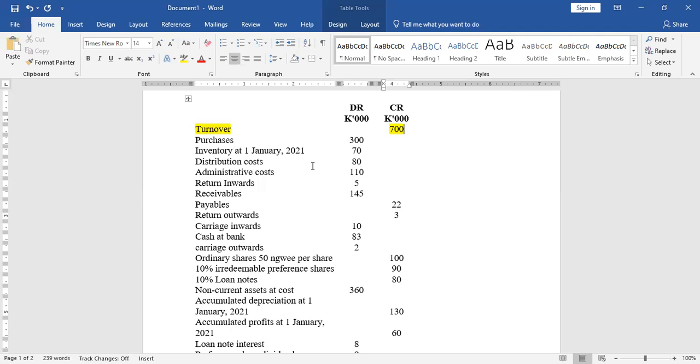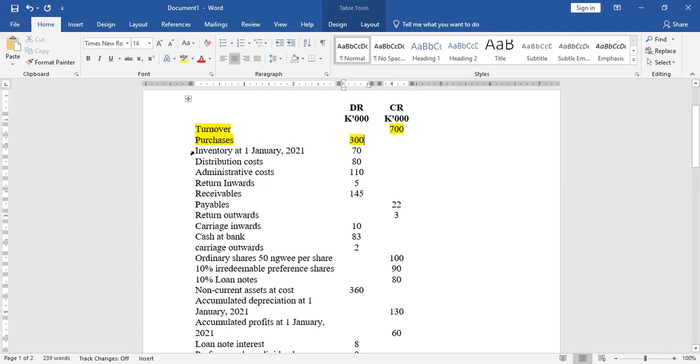Next is purchases. Purchases is a special expense, the expense for buying goods for resale, so it will go in the profit or loss statement.